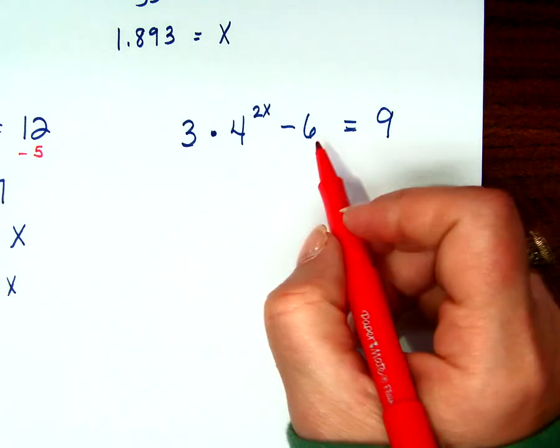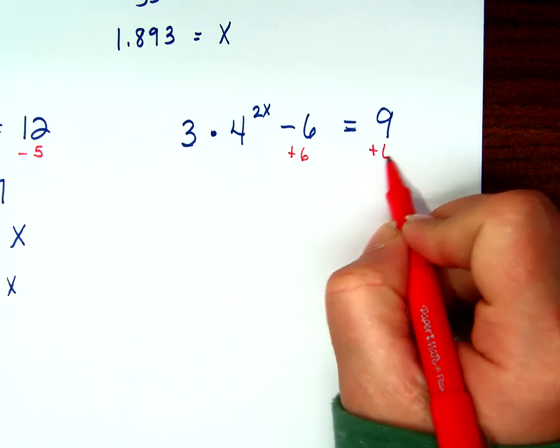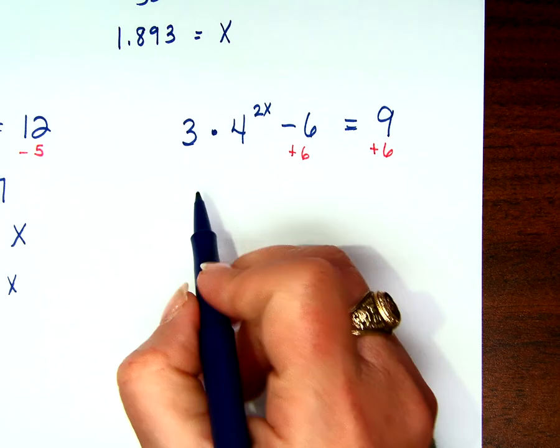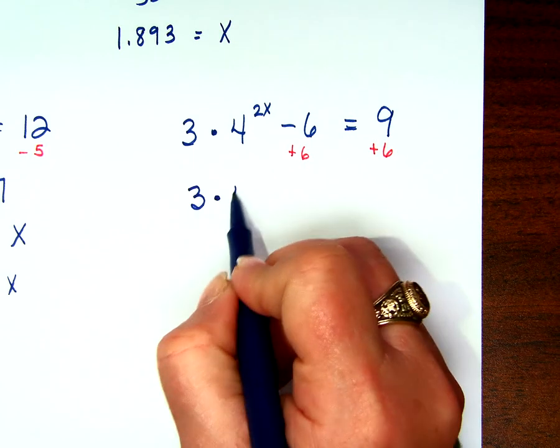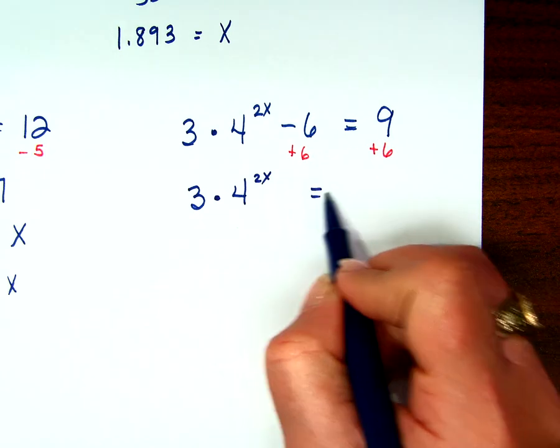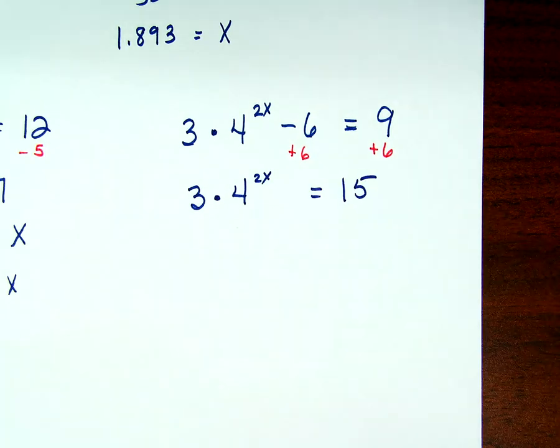Be brave. Plus 6. That's exactly right. 3 times 4 to the 2x power equals 15. Now what? Be brave. What? That's exactly what you do.